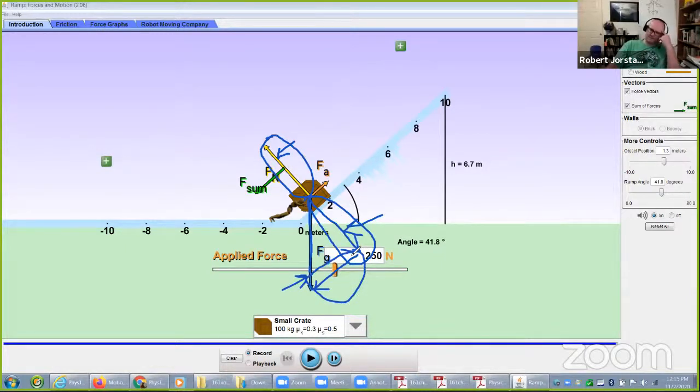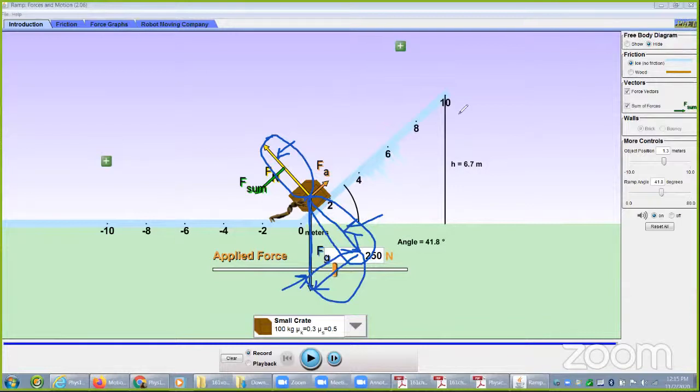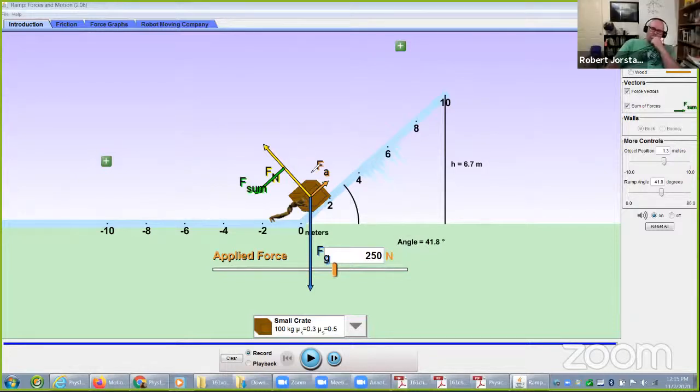Is that helping, Dom? Yeah, that helps. But I was just wondering, could you say it the other way around, that the component of the normal force is changing and that's what's causing the movement? No. I would say the normal force changes as a consequence of the ramp angle changing. It is not the other way around, because the normal force magnitude is reacting to the box pushing down on it.